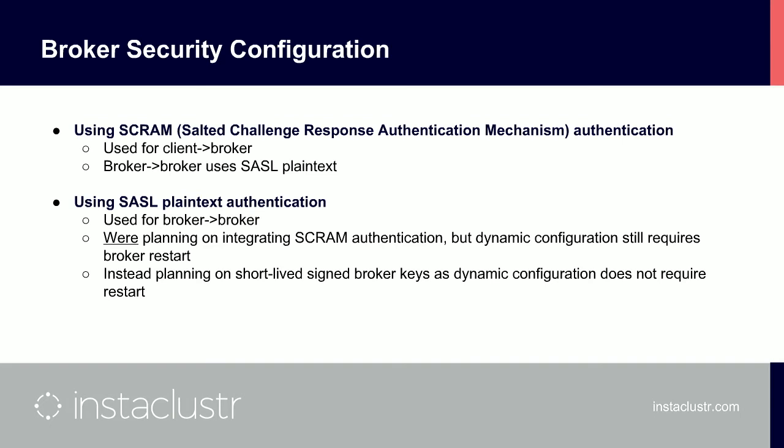So what we're doing instead is using short-lived signed keys on the brokers, which are a truly dynamic configuration, so we can rotate those keys on a regular basis without restarting the process. So that's an automatic thing that just happens on the clusters as part of our management of them.